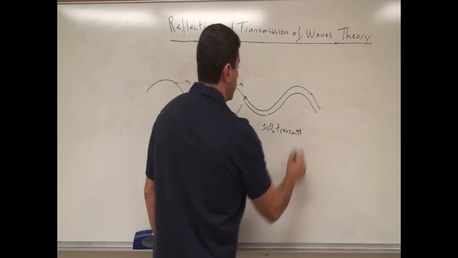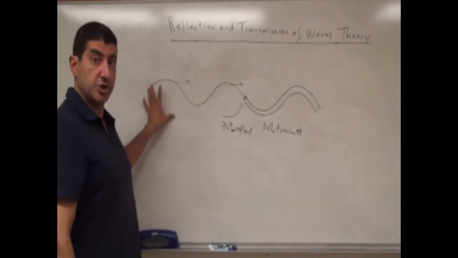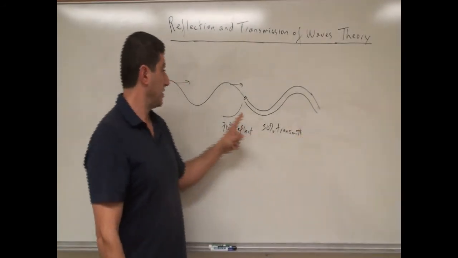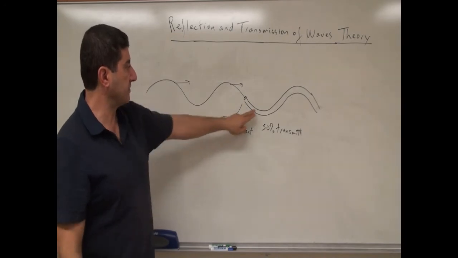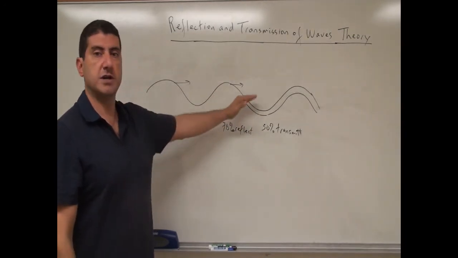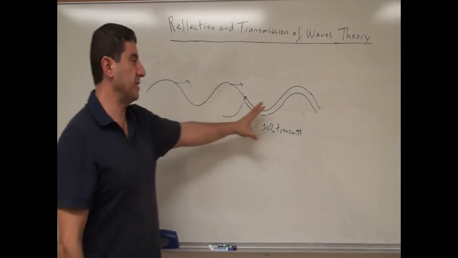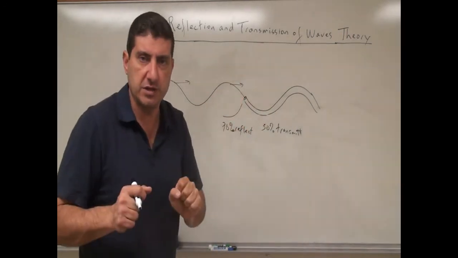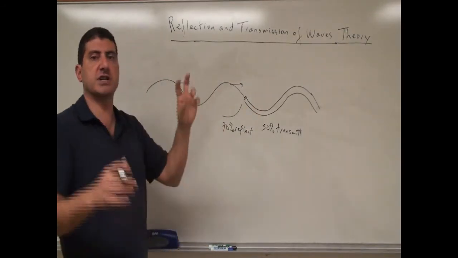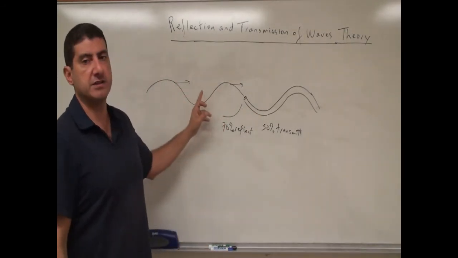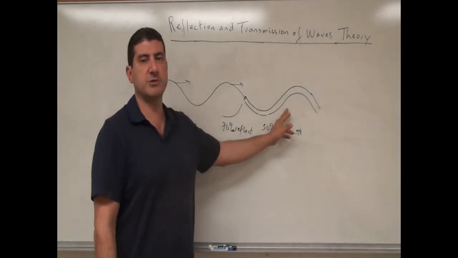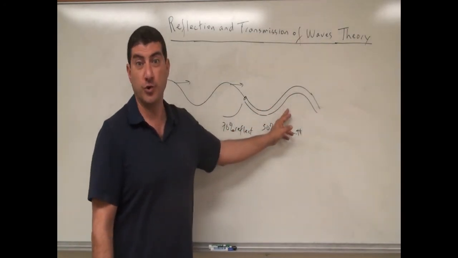We can say that 70% of the energy of this wave reflects back, 30% transmits. What happens to the reflected wave? Well, if this is a thicker medium than this, this wave almost acts like a rigid boundary, right? Because in comparison, this is thicker than that, so this acts like the electromagnetic wave in air, and then this acts like the electromagnetic wave in soap or in oil, right?